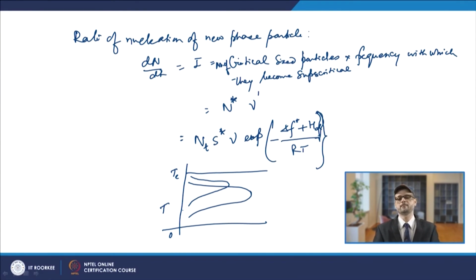So, your growth also has a similar curve, but it will be more when it is near the equilibrium temperature, and depending upon these two you will have the transformation curve. So, you will have the transformation curve dx by dt, which will be in between the two. So, this is the concept of transformation in the case of materials.